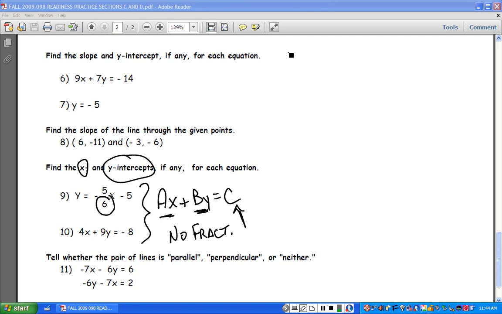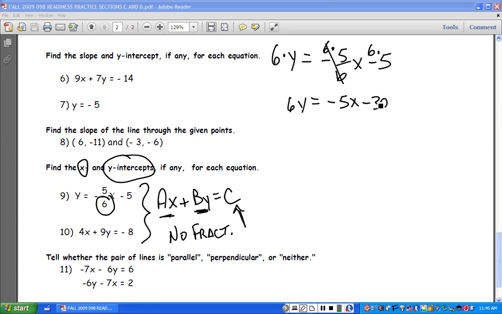So I'll have y equals negative 5/6 x minus 5, and I want to get rid of the fraction, so I simply multiply everything by that denominator, which is 6. So 6y equals negative 5x minus 30.